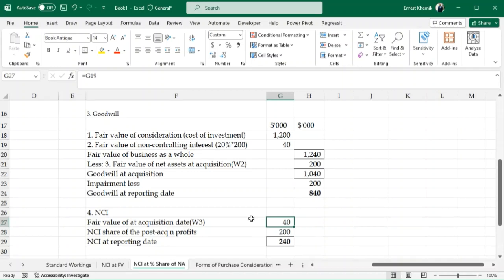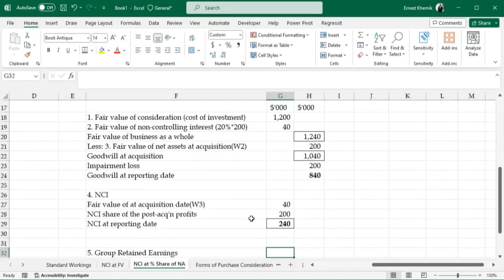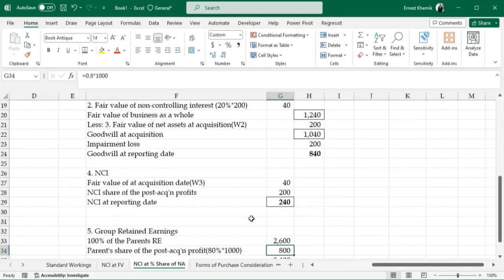So the NCI is right now not at its full value. That means it does not include the goodwill element, and so we do not include the impairments, and we do not adjust it for any impairment loss on our goodwill. I don't know if you get it. So that is the reason why we do not apportion impairment loss to NCI when we are measuring NCI at its proportionate share of the identifiable net assets.